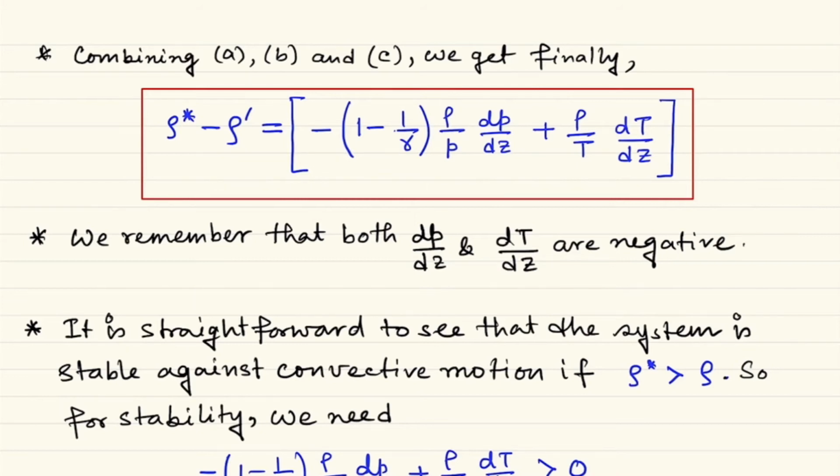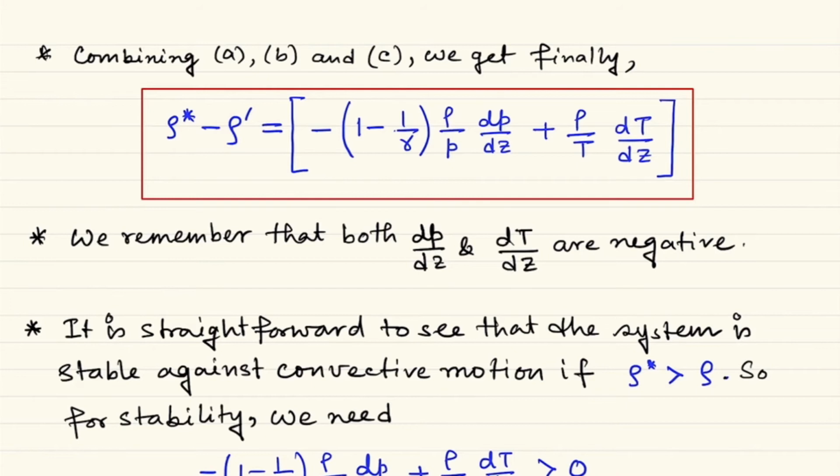Combining all these things, what we get is the difference between the density of the blob in its new position and the density of the surroundings of the new position. Now we can think of stability only when the density of the blob is larger than the density of the surroundings.